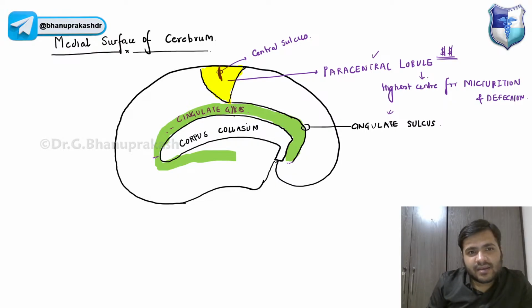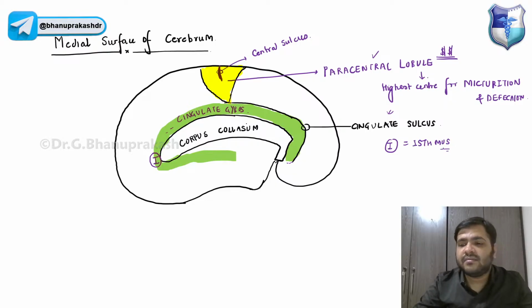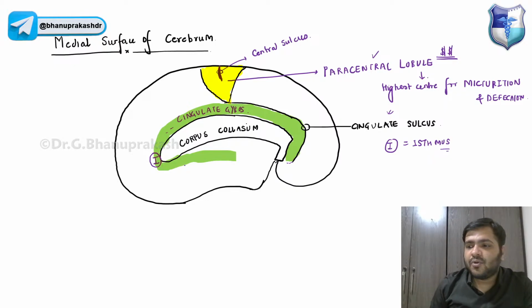This area, guys, is called the isthmus. The I basically stands for the isthmus. You should remember, guys, this isthmus is connected to the parahippocampal gyrus.